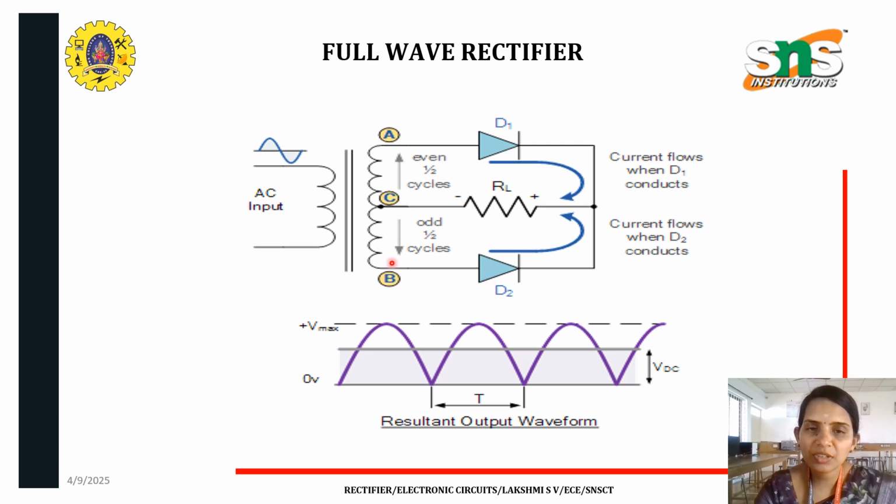Which means here the first half of this center tapped transformer coil will be positive, and then diode D1 will conduct, and in the second half, the points C and B will become positive, and diode D2 conducts, whereas D1 does not conduct. By this process we could get the output at both the half cycles of the input.